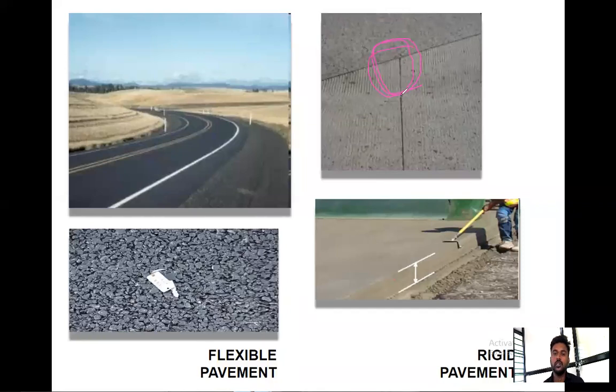But there will not be any cut on the flexible pavement. Why is this provided on the concrete road only? Why is it not provided on the bituminous road? Can anyone tell? What is the reason behind providing this longitudinal joint and transverse joint?